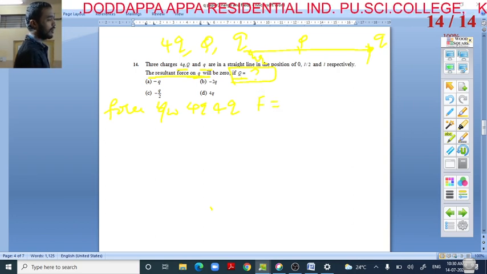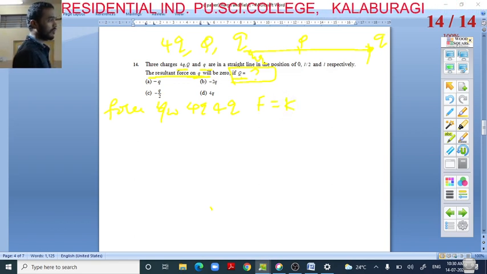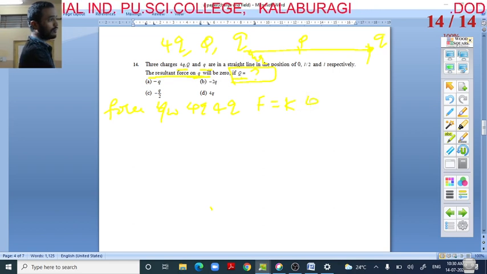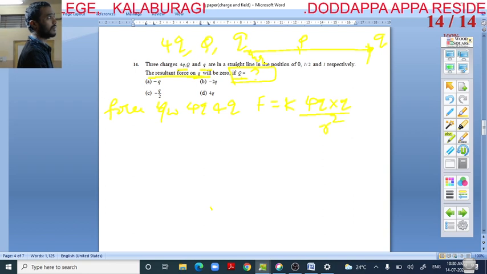I will write the formula. There is 1 by 4 pi epsilon naught, Q1 means 4Q, Q2 means Q, divided by r square.